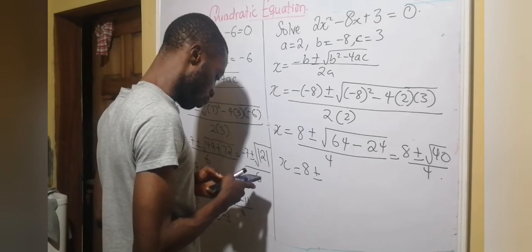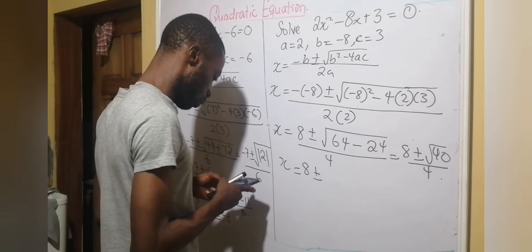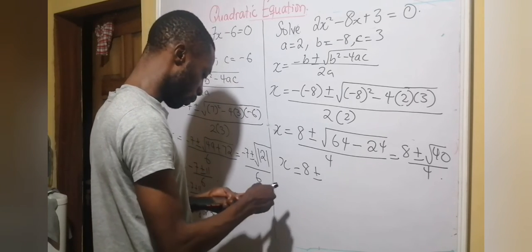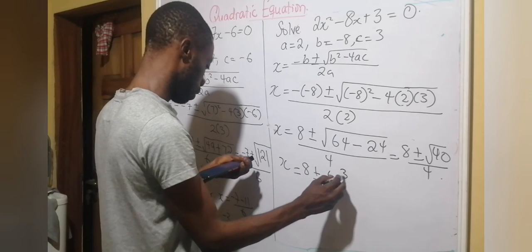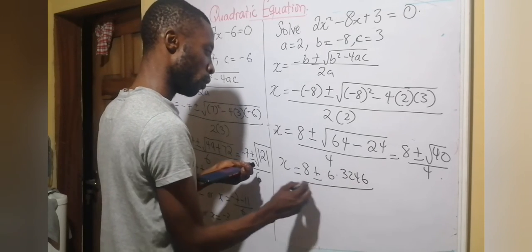So we have the square root of 40 is 6.3246 over 4.